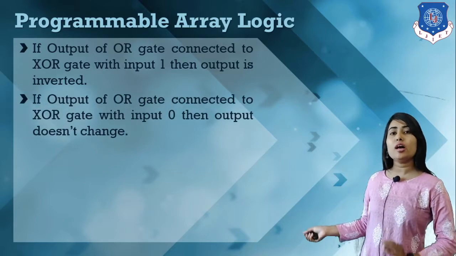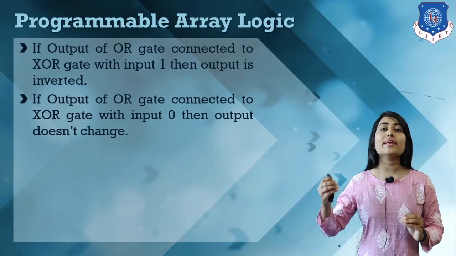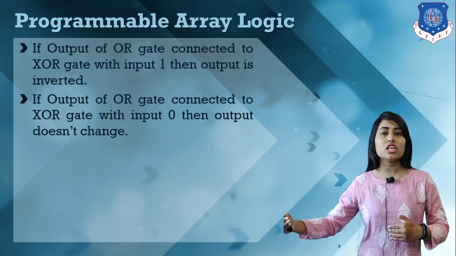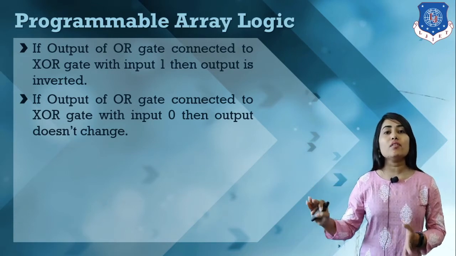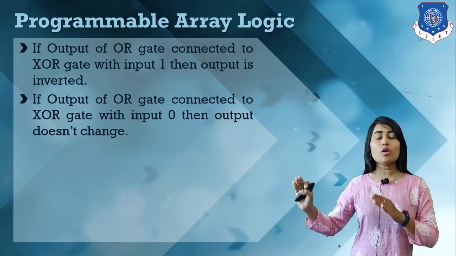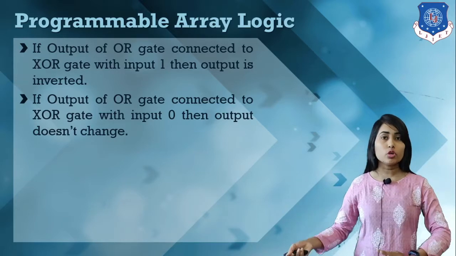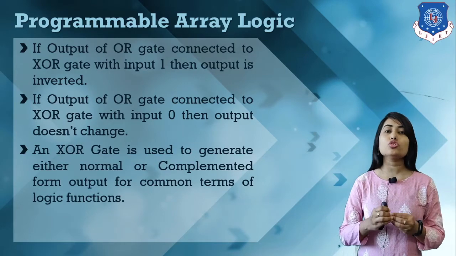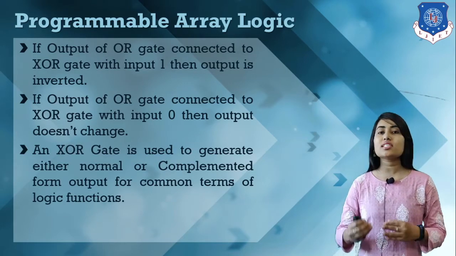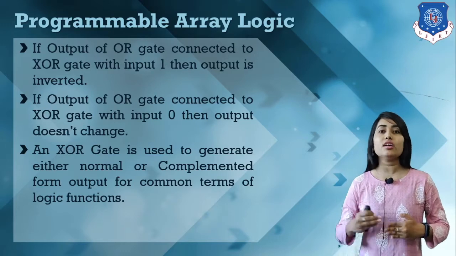And if we apply the OR gate output with 0 as the other input, we have the output as it is, that means the normal output form. That's why the XOR gate is used to generate our logical functions either in a normal form or in a complemented form.